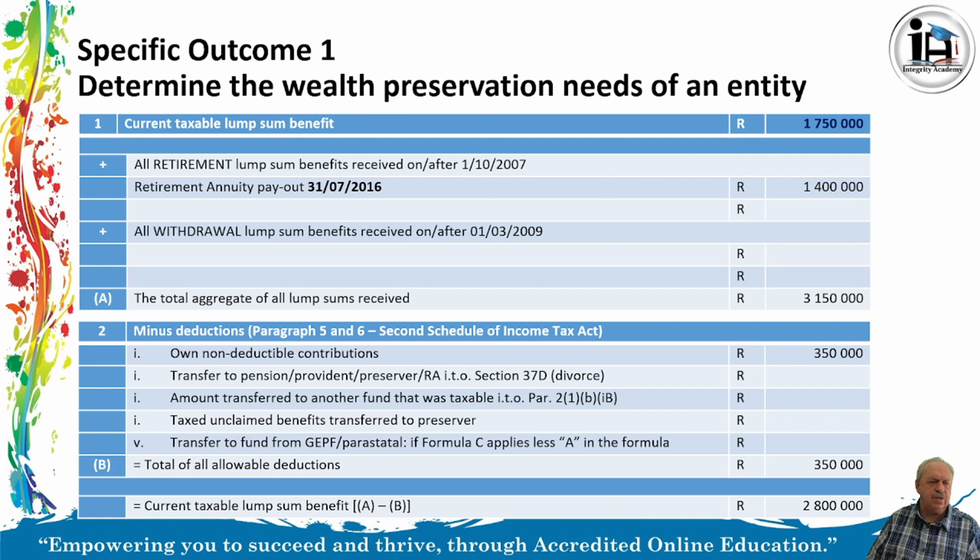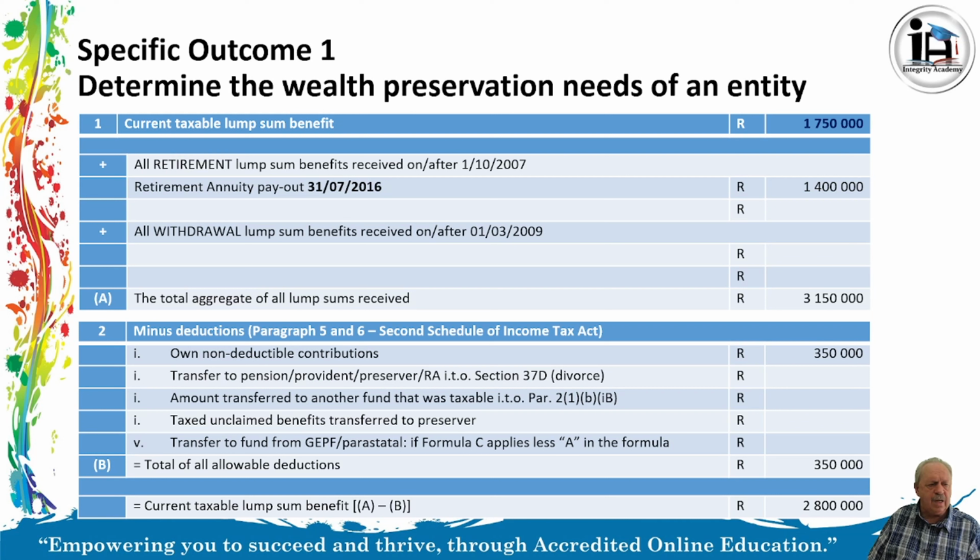The next one is transfer to pension, provident or preservation funds or retirement annuity. In terms of section 37D, when a person gets divorced, then money gets withdrawn earlier and transferred to a pension fund. But in this instance, there's a 0 there. Amounts transferred to another fund that was taxable in terms of paragraph 2(1)(b), we haven't had anything here. He didn't say to us he transferred any money into another fund, so that's not applicable here.